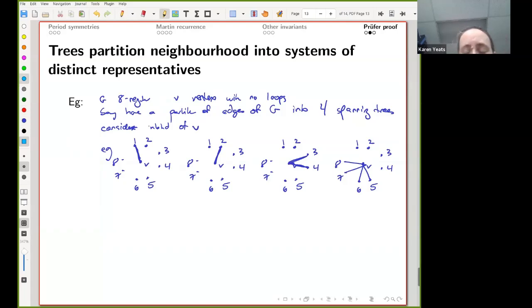Because I don't actually care about the specific shape of the rest of the trees, but I do care about which vertices they connect. So when there's only one edge into V, so V was a leaf in the tree, then I know that whatever else happens, everything else has to get connected together, right? The tree just connects everything else up. So here as well, the tree connects everything else up. Now here, though, the rest of the tree is going to partition these other vertices into two parts, one that goes with 3 and one that goes with 4.